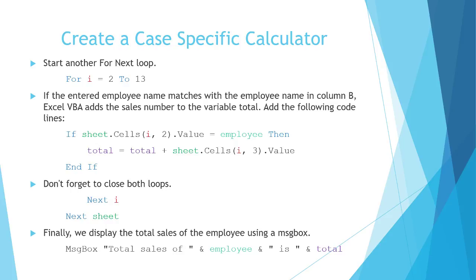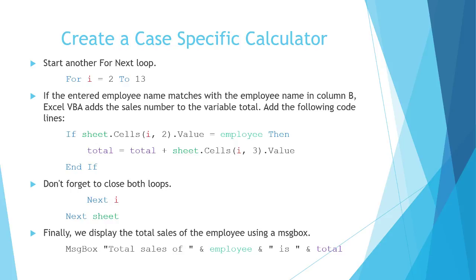Then the total is going to equal the total which we currently have, which is 0, plus the value of that sheet cells, the same row but third column. So after that, we're going to do the next i, which is just going to be the next row until we've gotten through all of them.